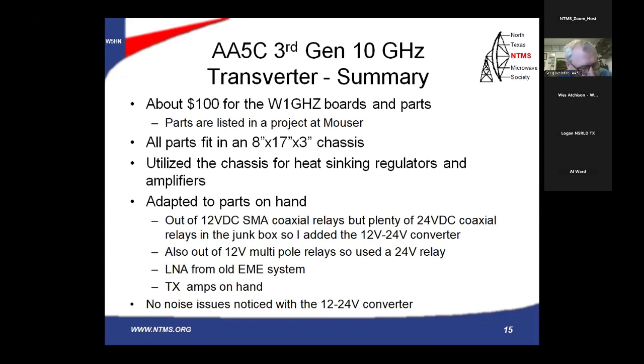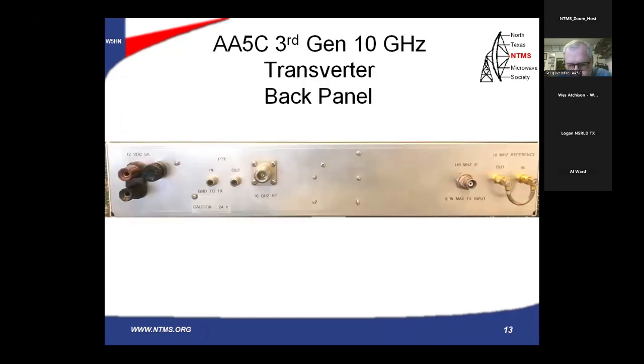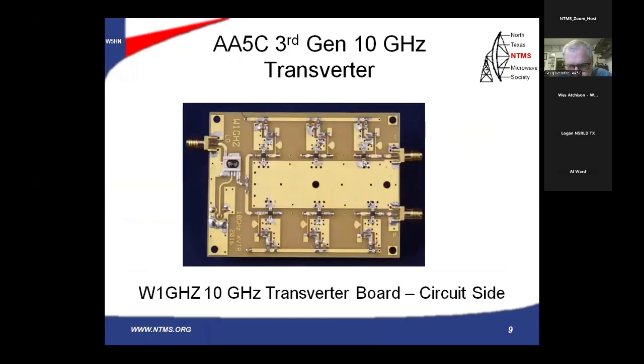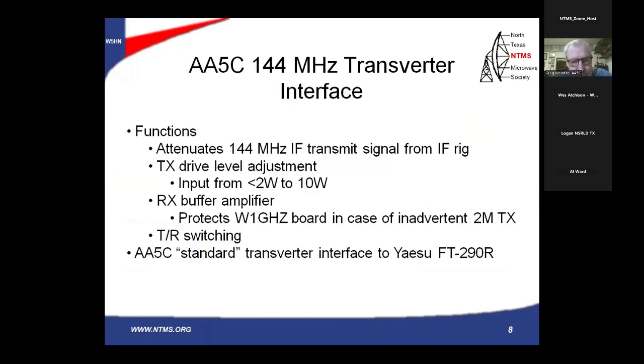Greg, if you go back to slide number 8, you mentioned that you had PTT interfaces with FT290R. Would you explain that? Okay. To run digital modes, I used a Tigertronics SignaLink. Many of you are probably familiar with that.